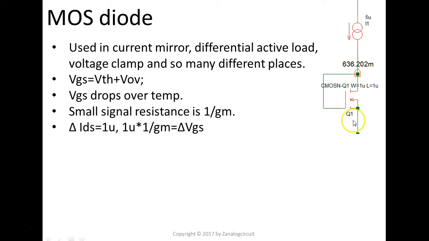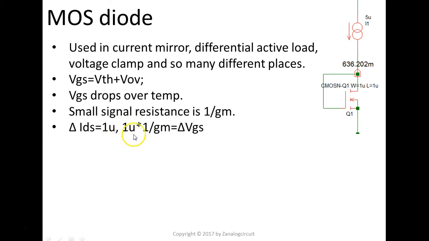What does that mean? So that means, for example, in this case, we have 5 microamps pushed through the MOS, and the VGS is around 630 millivolts, with the sizing of W equal to 1 micrometer, L the same size, also 1 micrometer. So what if instead of using 5 microamps here, we're using 6 microamps? So that's a 1 microamp change in the IDS.